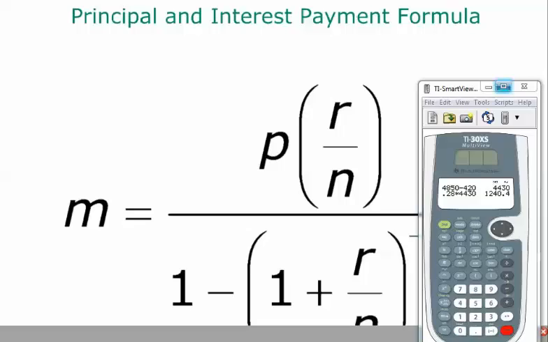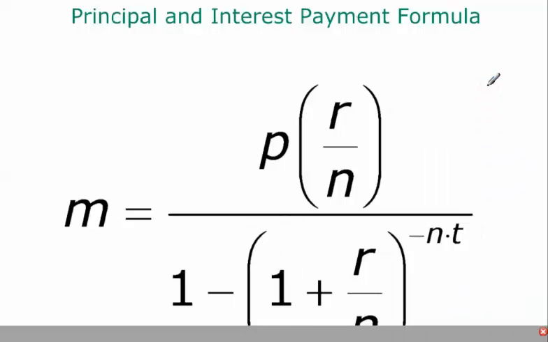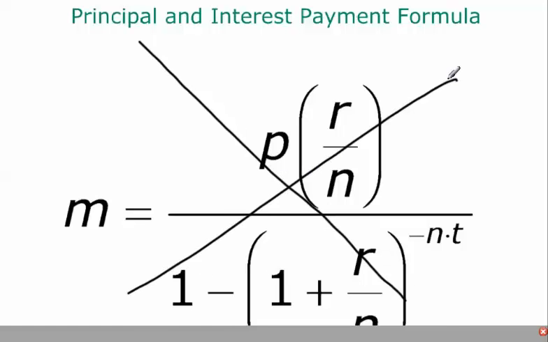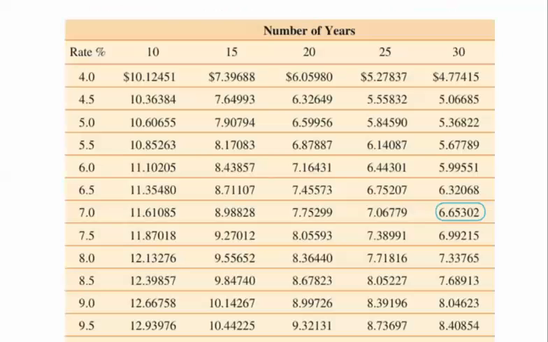So this is the principal and interest formula to calculate how much their monthly payment would be. But in this course, we are not going to use that method. We are going to use the chart method, which is a much easier method to use to find the monthly principal and interest payment.